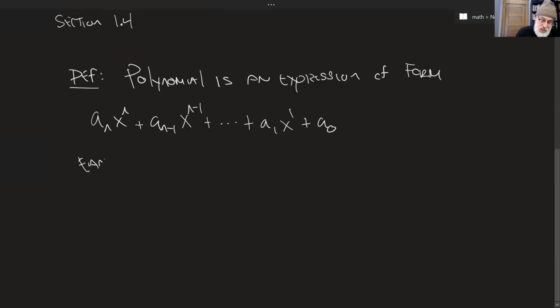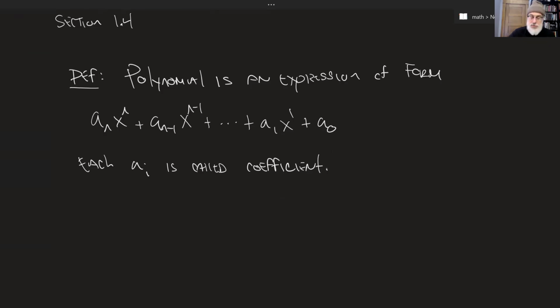Here, each of the a sub i's is called a coefficient. Coefficient is a math term that means the number in front of the variable. So for instance, if we had 2x squared, 2 is the coefficient, and there's a number in front of x squared.